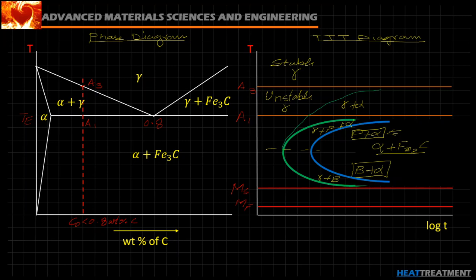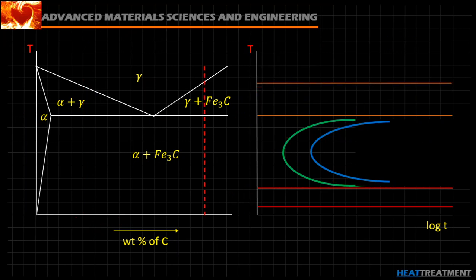Now we will see exactly the similar situation for the case of hypereutectoid steel. Here again we have the phase diagram for hypereutectoid, and correspondingly we have the time temperature transformation diagram for hypereutectoid steels.